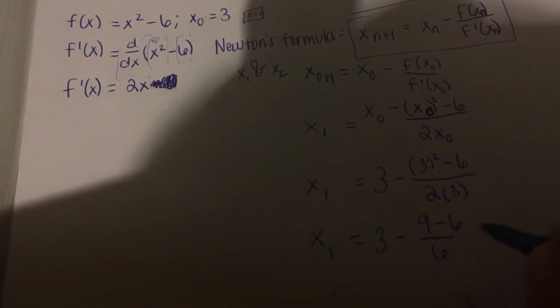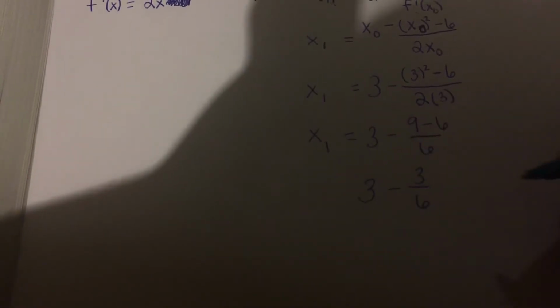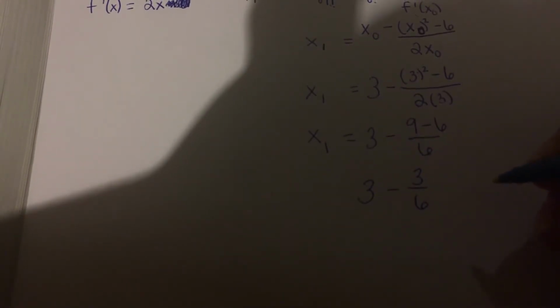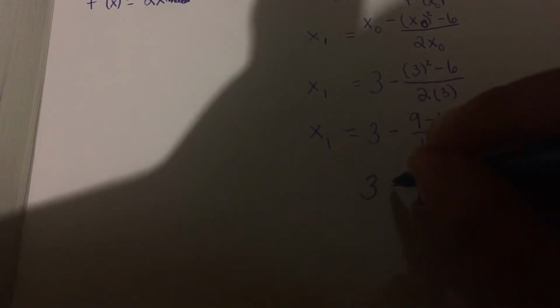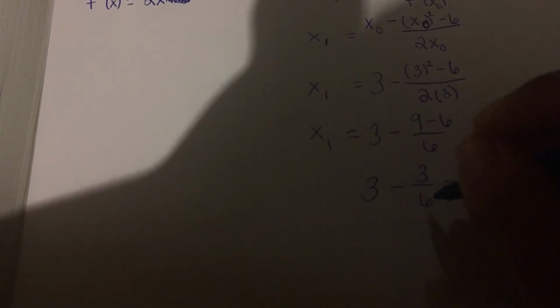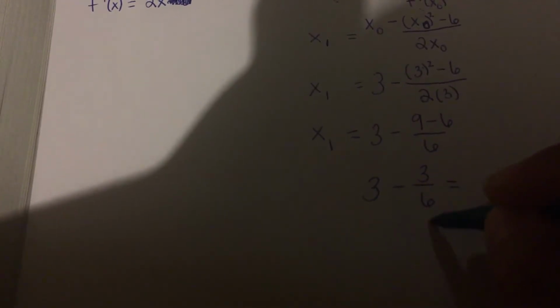Well, actually, yeah, 9 minus 6 is equal to 3 over 6. I feel like something's wrong here. Let's go along with it. So 3 minus 3 over 6. This is basically saying half.